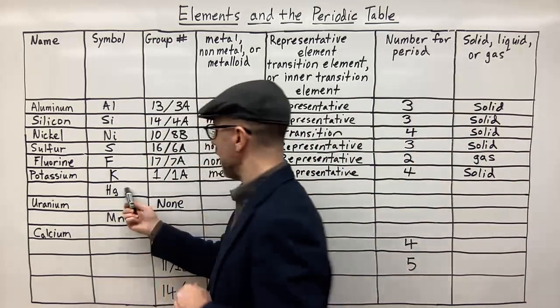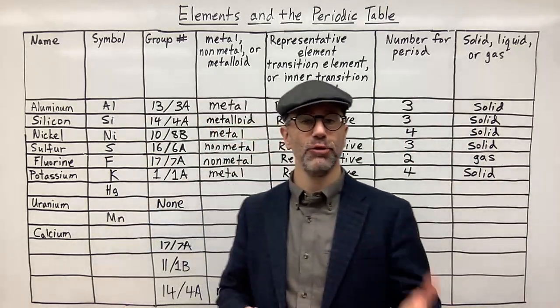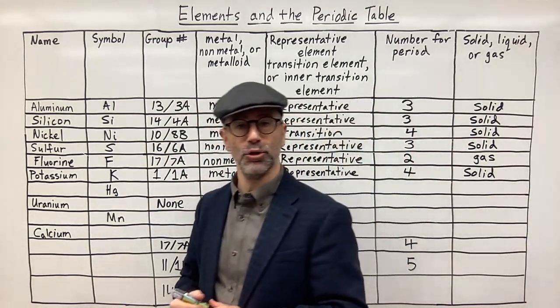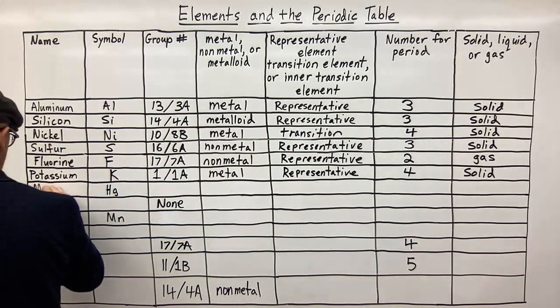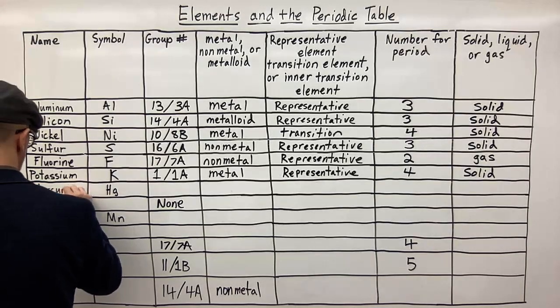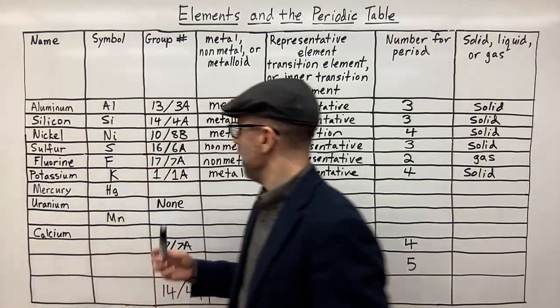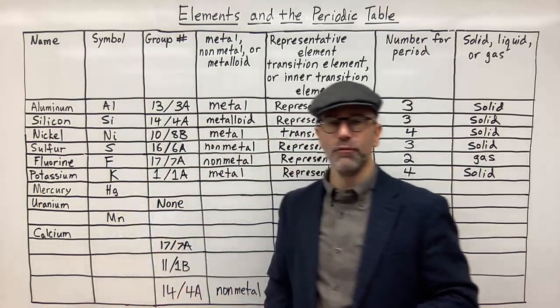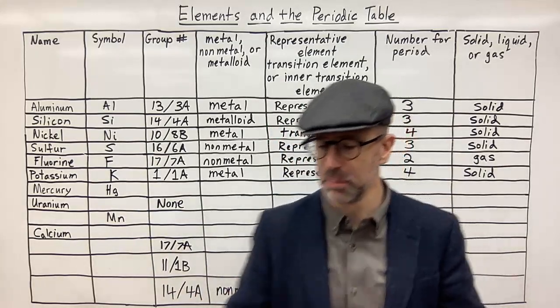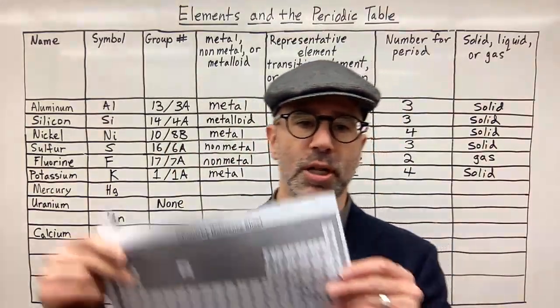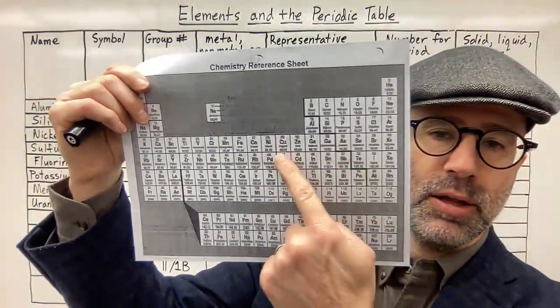All right, next, Hg. If you find Hg on the periodic table, you'll find that that is mercury. And mercury, you'll realize, is a transition element. It's in the middle group here. So let me show you. Where is it?